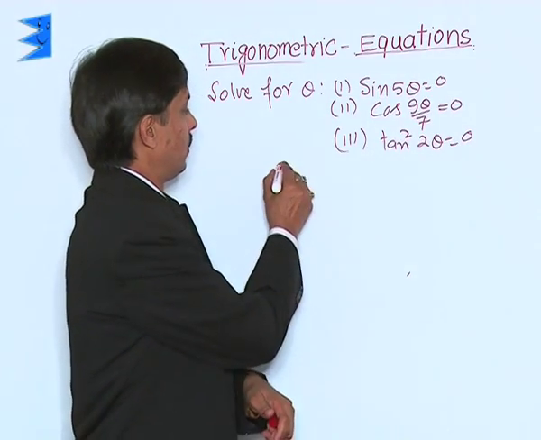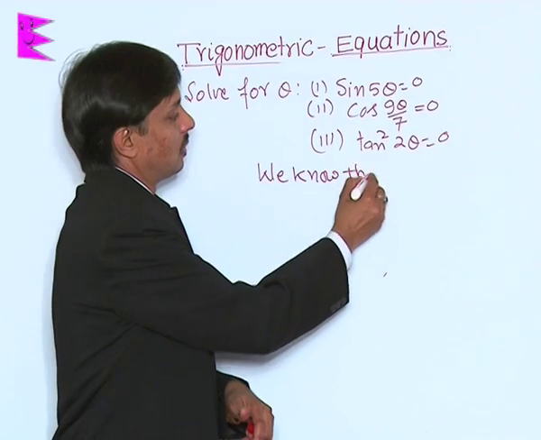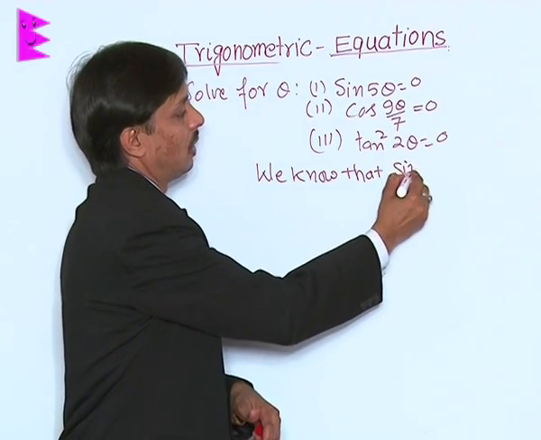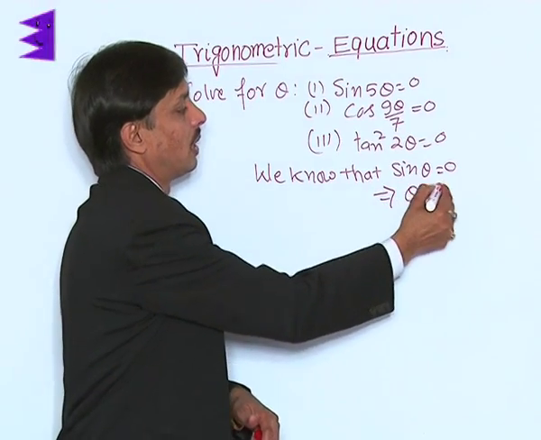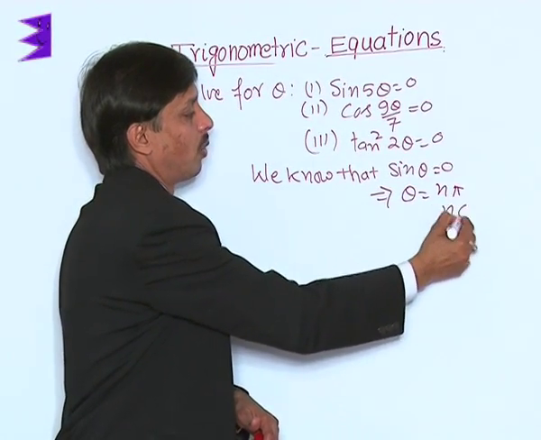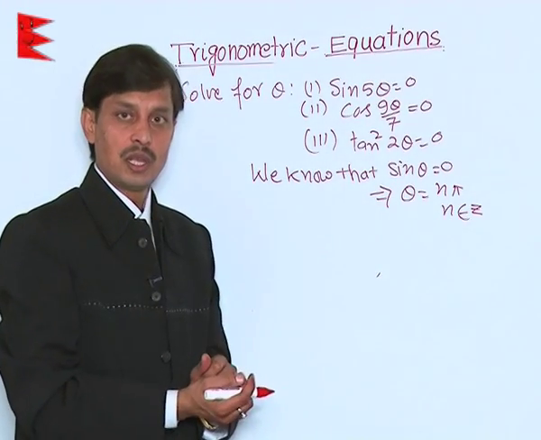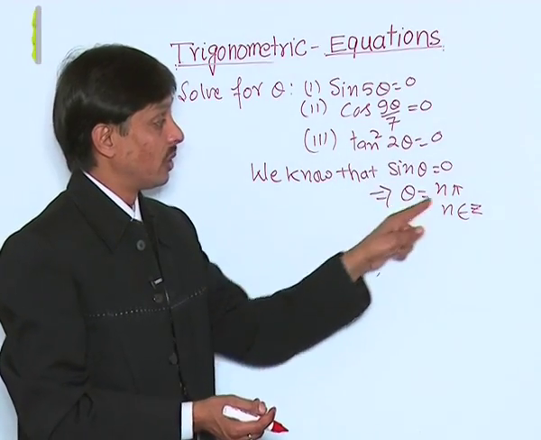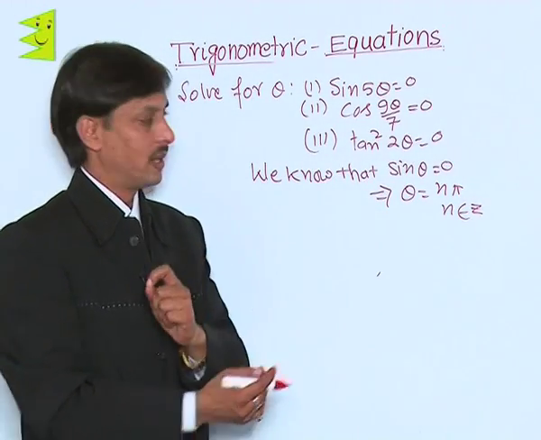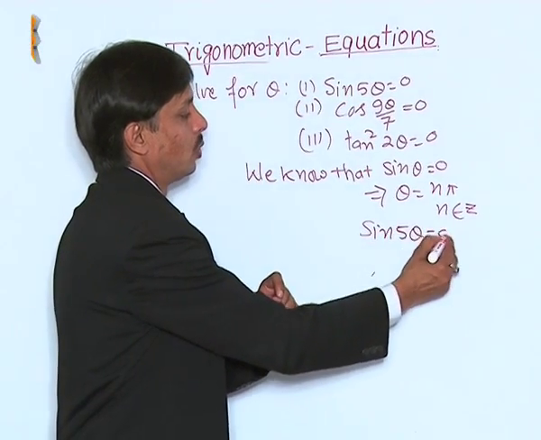We know that if sin theta is equal to 0, this implies theta is equal to n pi, provided n belongs to Z, where Z is the set of integers. If sin theta is 0, then theta is this, but the question is sin of 5 theta is 0.